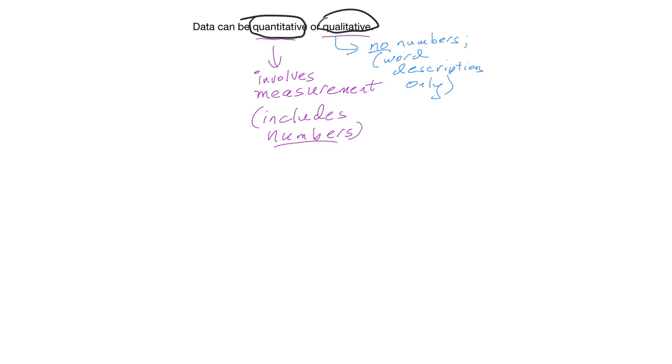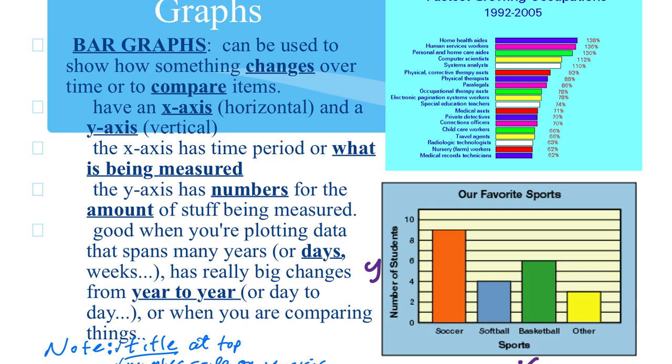Okay, just a little bit about bar graphs. Bar graphs, like any graphs, have an x and a y axis. The x is the horizontal. The y is the vertical axis.